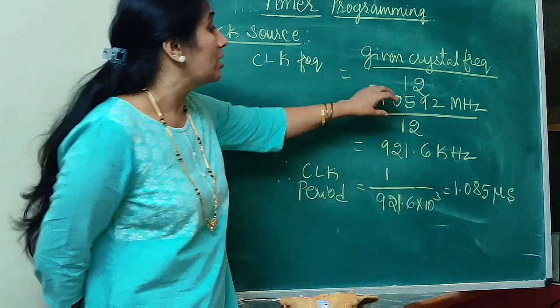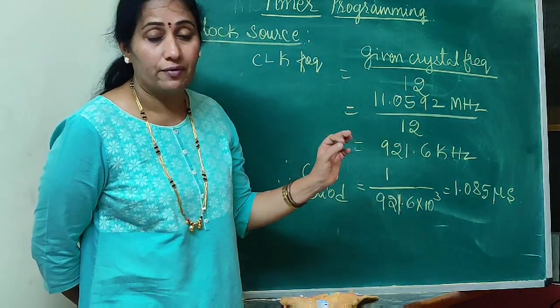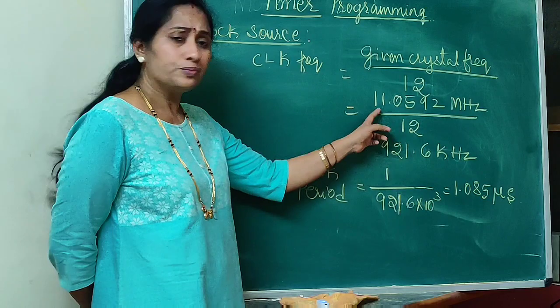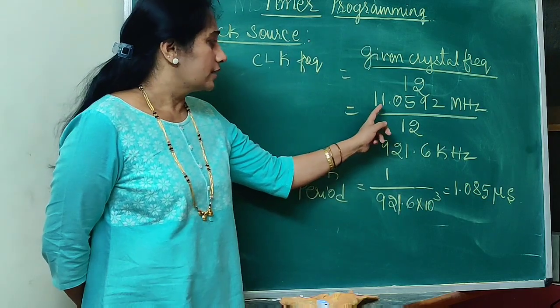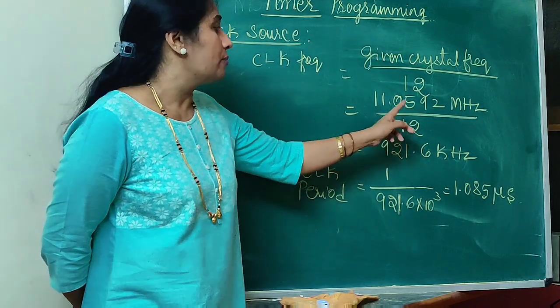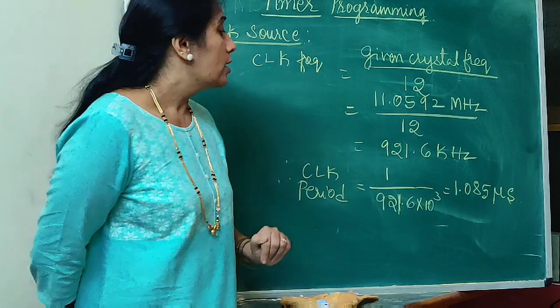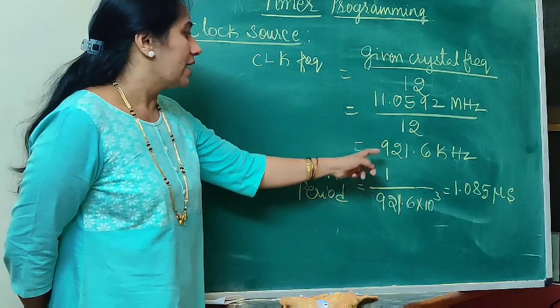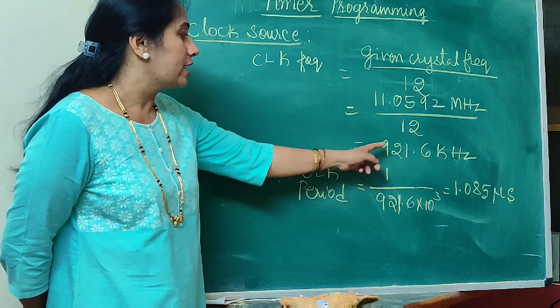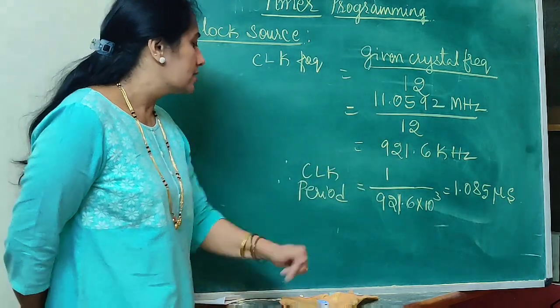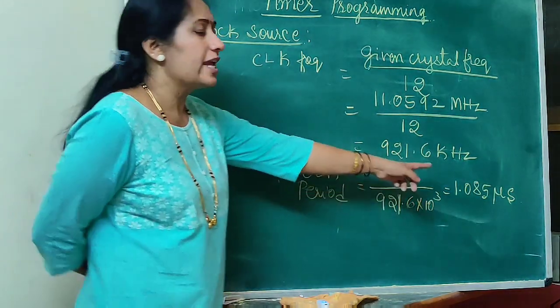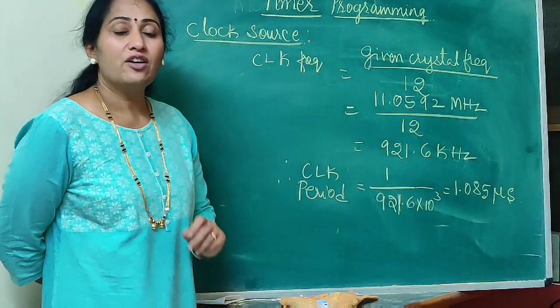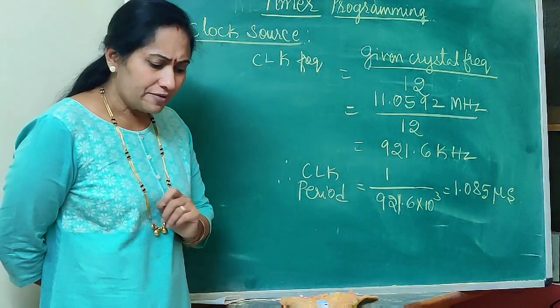If they don't give the value, then you have to assume the crystal frequency to be 11.0592 megahertz, wherein the clock frequency is 921.6 kilohertz and the period is 1.085 microseconds.